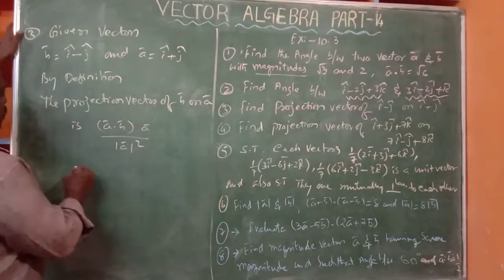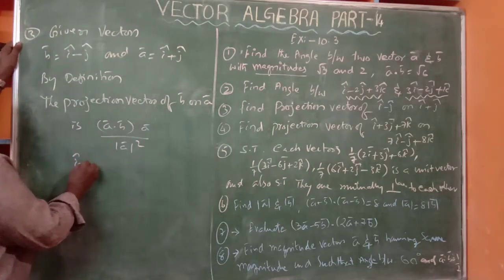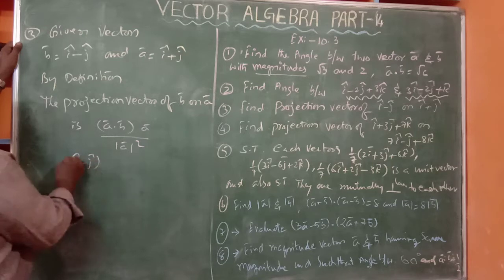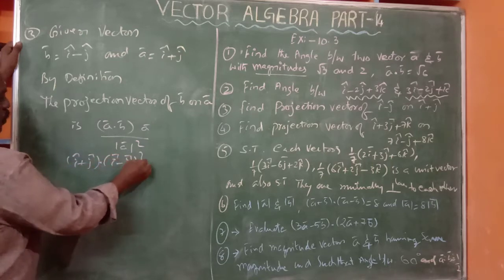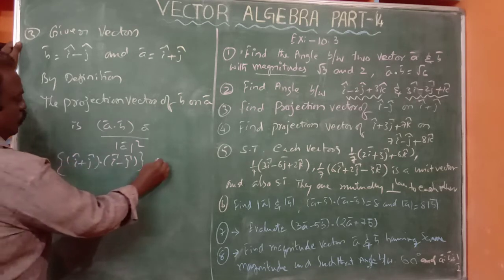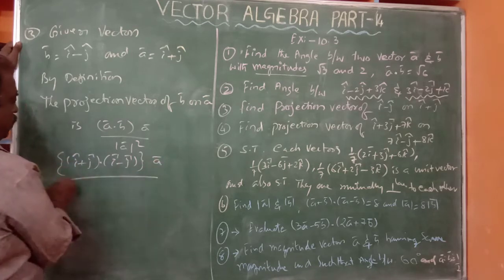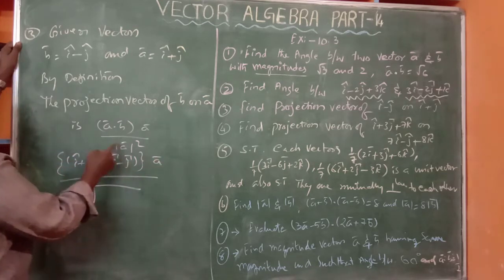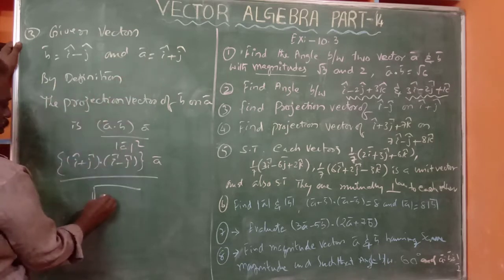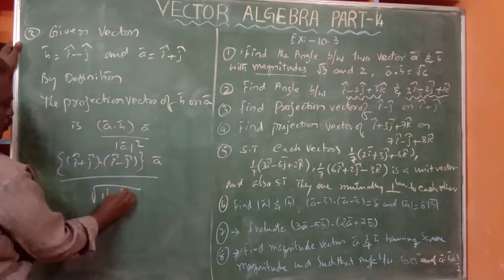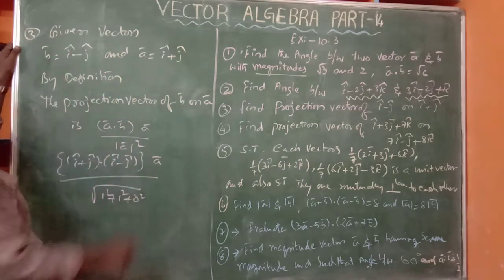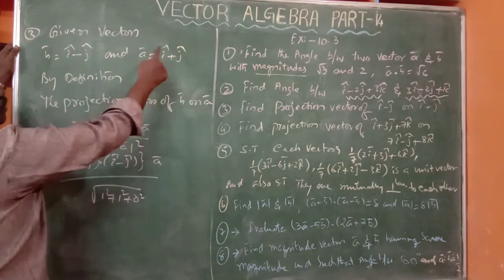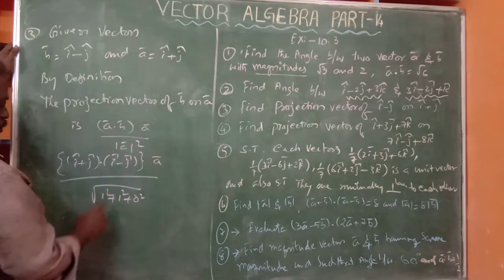Here A bar dot B bar means (i cap plus j cap) dot (i minus j), into A bar by modulus of A bar. This is A bar: 1 square plus 1 square plus 0 square, because k cap is not given, 1 i cap plus 1 j cap plus 0 k cap.